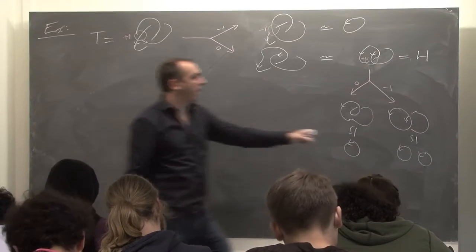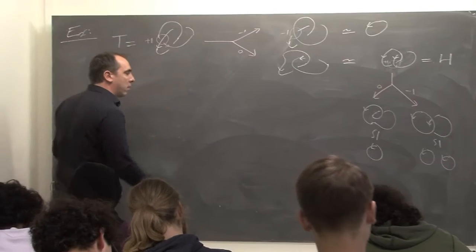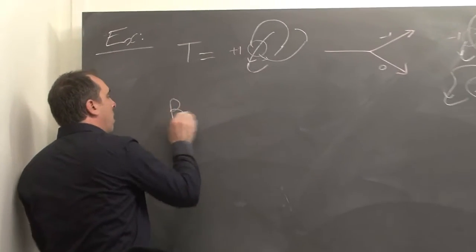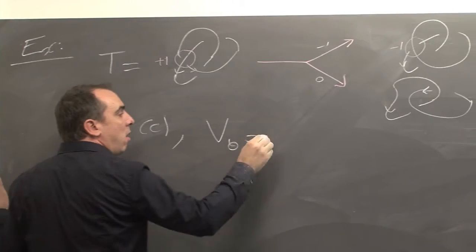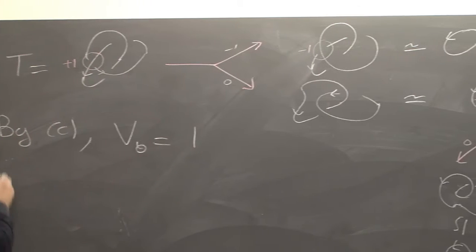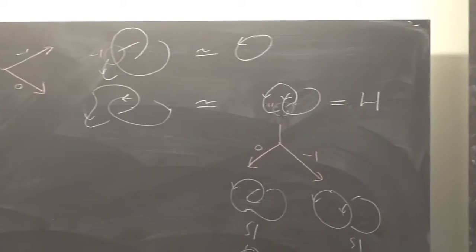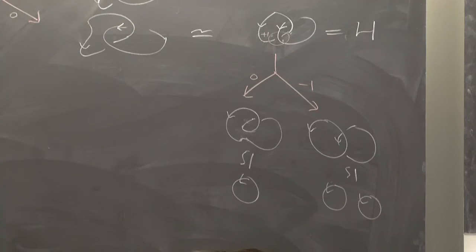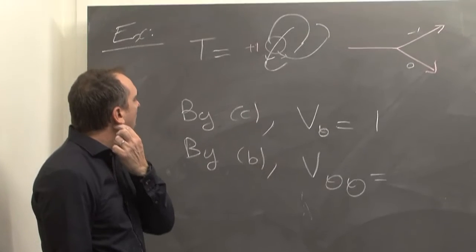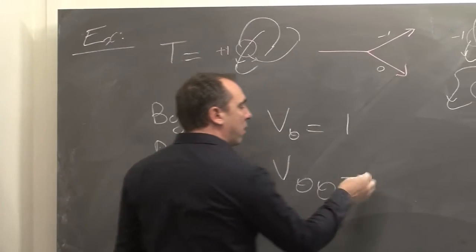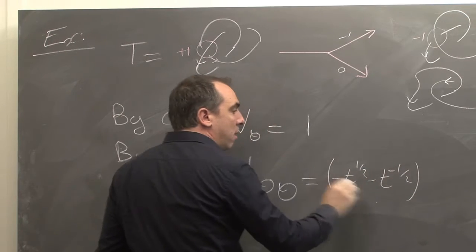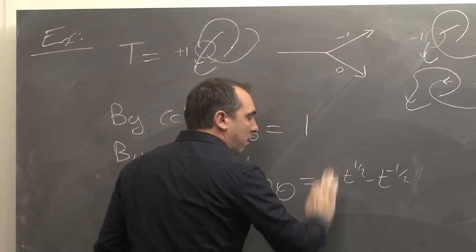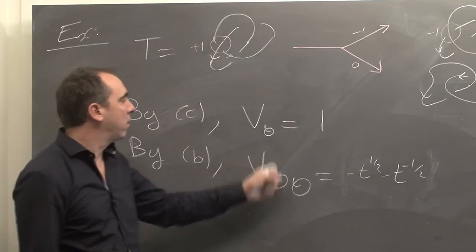Okay. So now we can apply A. By C, the Jones polynomial of the unknot is 1. And if I apply B, the Jones polynomial of the two component unlink is just minus T^(1/2) minus T^(-1/2) times V of the unknot, which is 1.